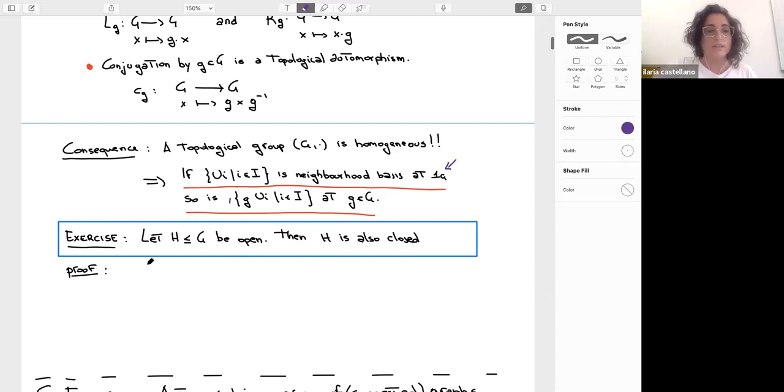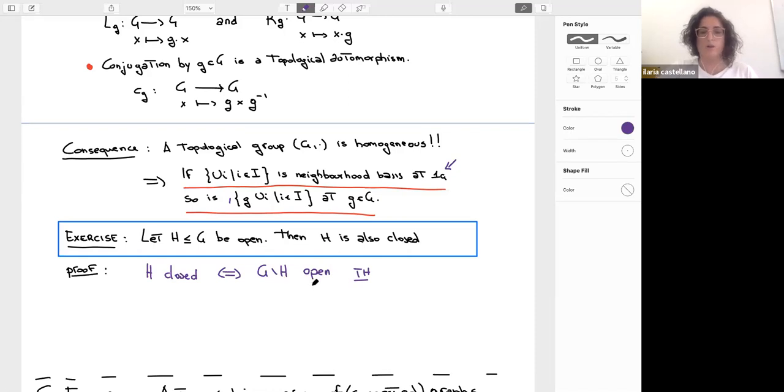In order to prove this, I have to prove that H is closed if and only if the complement is open. So this is what I want to prove.